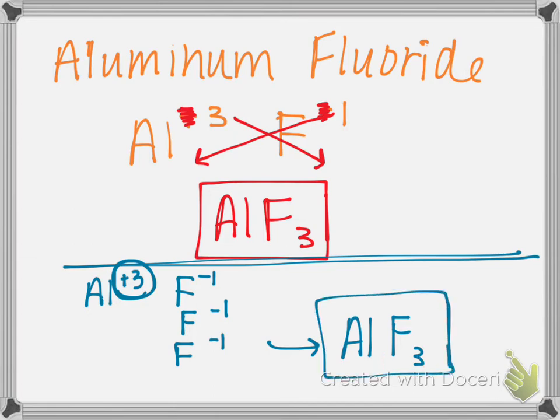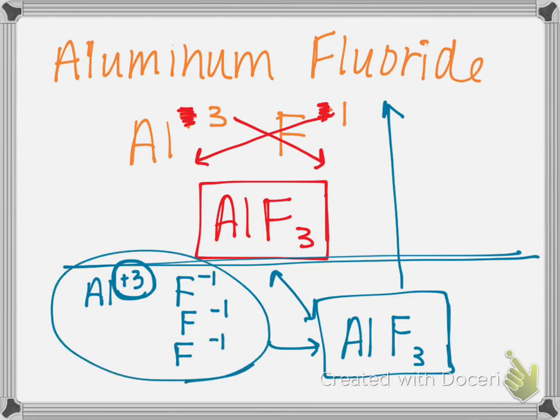That's how you write the formula for aluminum fluoride, but now we have 2 ways to go about doing it. Whether you like to use the crisscross method or you like to look at the charges, either way is fine. They both work fine.